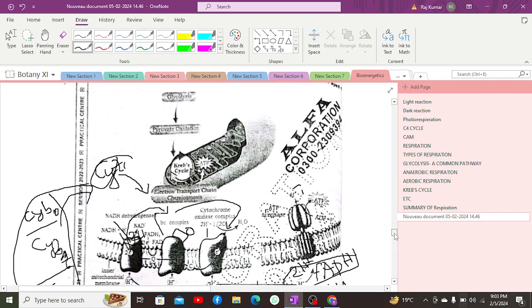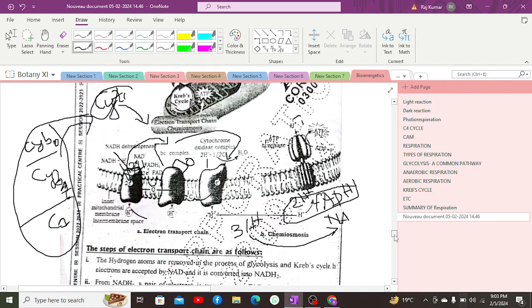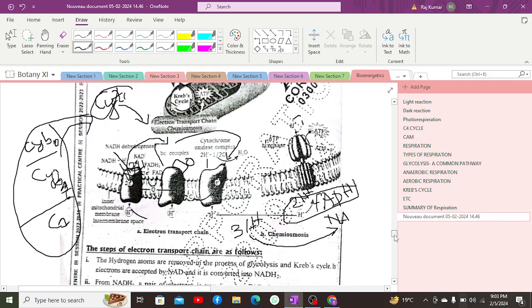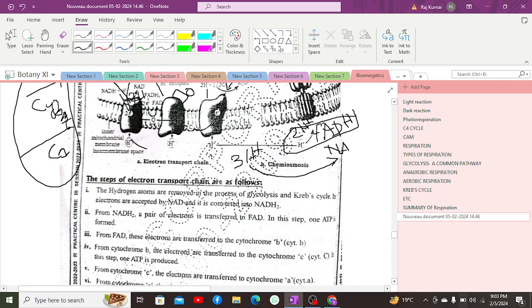And this is how the transport occurs. Now during the transport, the protons which are generated in the intermembranous space will create an electrochemical gradient, due to which chemiosmosis will occur, and the protomotive force will be generated.